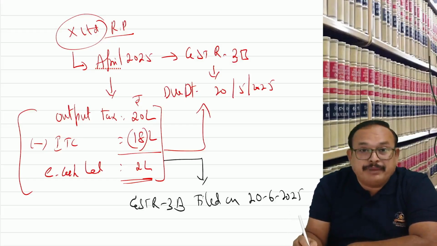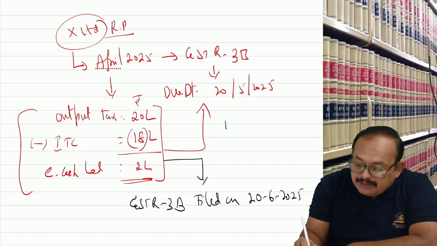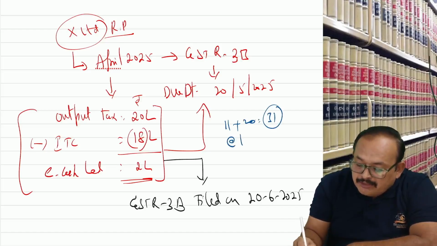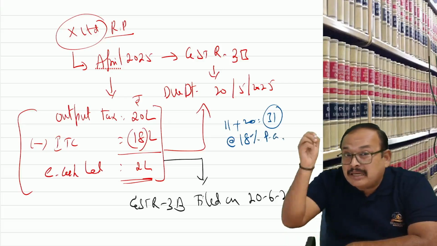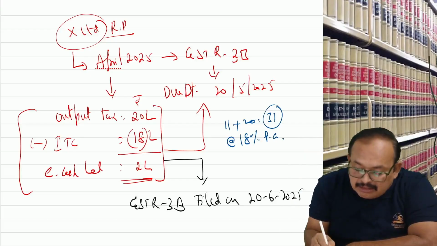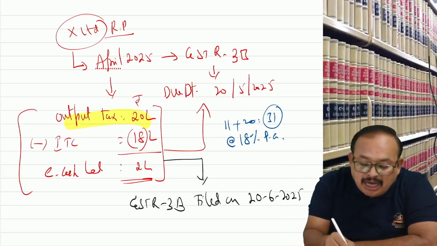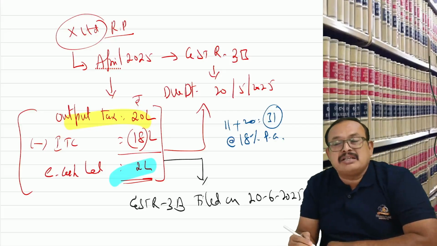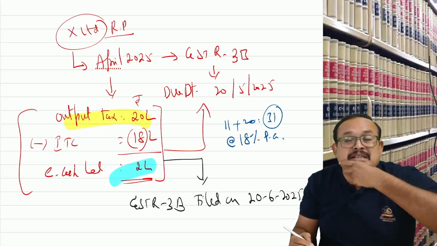Delay how many days? From 21st of May, in the month of May 11 days, in the month of June 20 days. Together 31 days. So at the rate of 18% interest per annum, on what amount? Is it on the gross liability of 20 lakhs or on the net liability payable through the electronic cash ledger after utilizing the input tax credit, 2 lakhs?